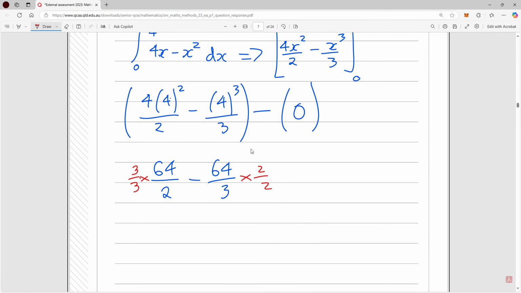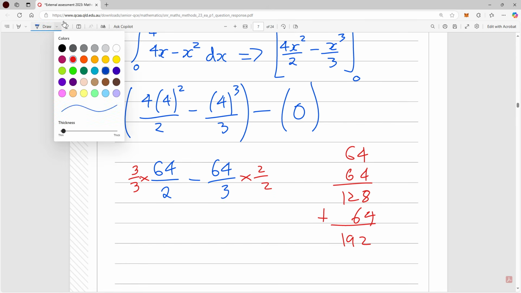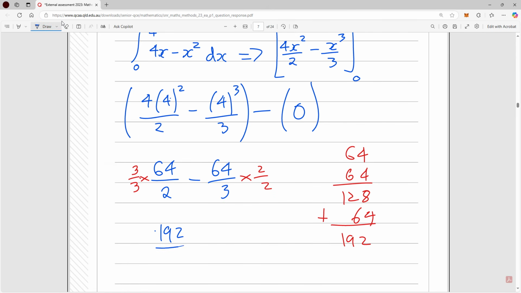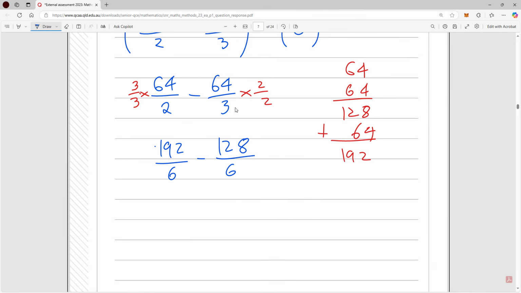Alright, 3 times 64, okay? So 64, 64, that's 128, and then plus another 64, so that would be 192, okay? Remember, this has to be done without a calculator, so 192 over 6 minus 128 over 6. So here, what would that give you?